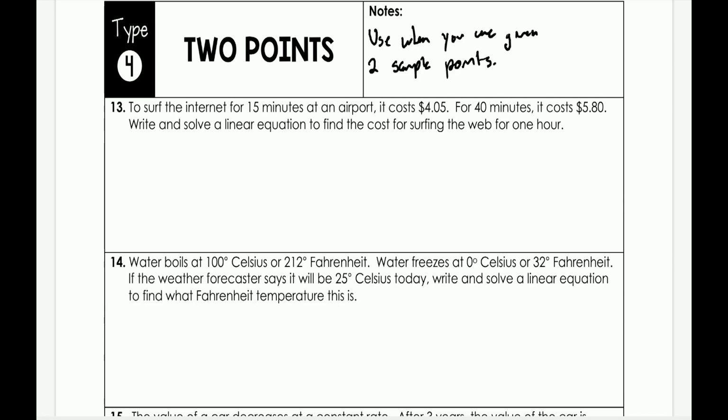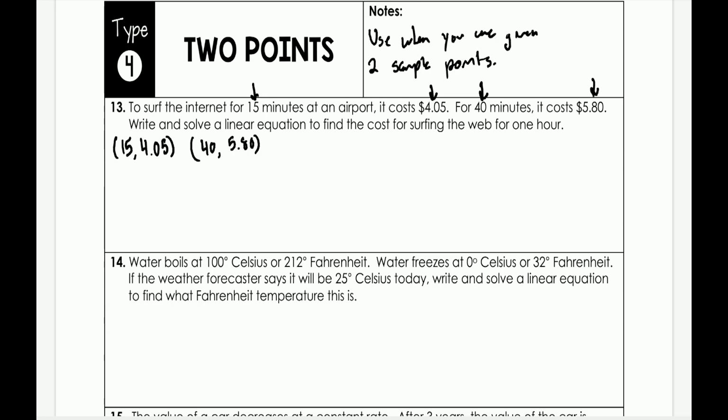So our first data point is going to be 15 and 4.05. So for 15 minutes, it was $4.05. And then we have 40 and 5.8. So that means for 40 minutes, we have 5.8, so $5.80.